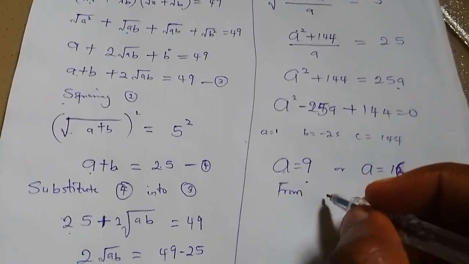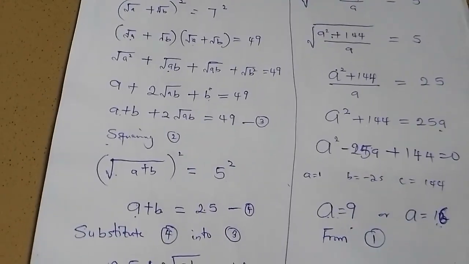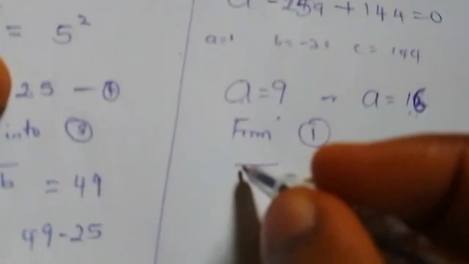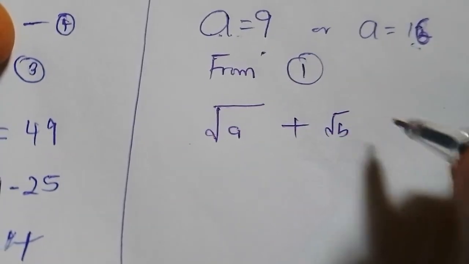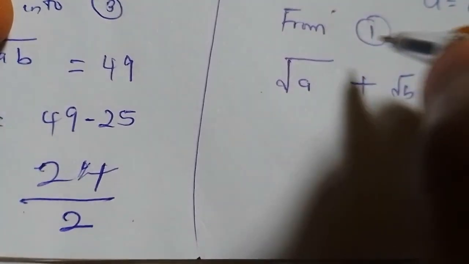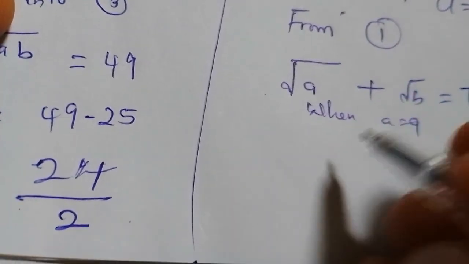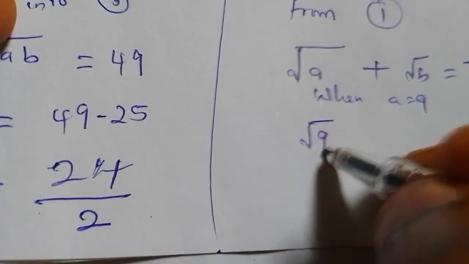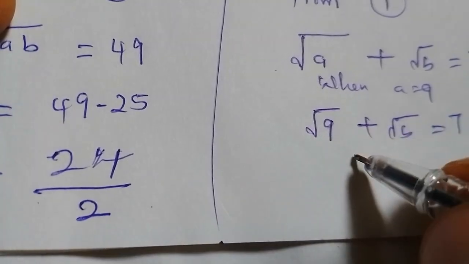Now from equation 1, we have square root of A plus square root of B equals 7. Since we know the value of A to be 9, when A equals 9, that will give me square root of 9 plus square root of B equals 7. Square root of 9 is 3, right?